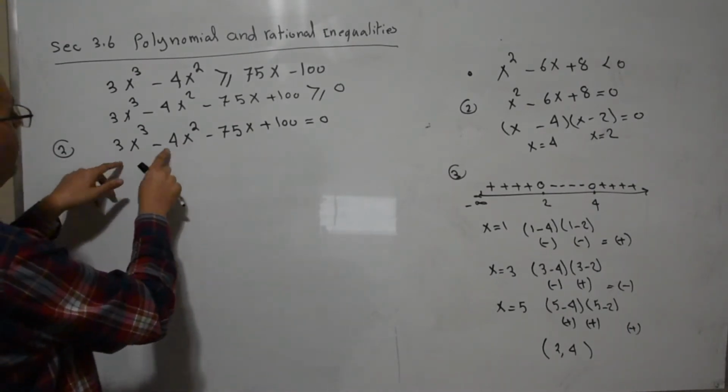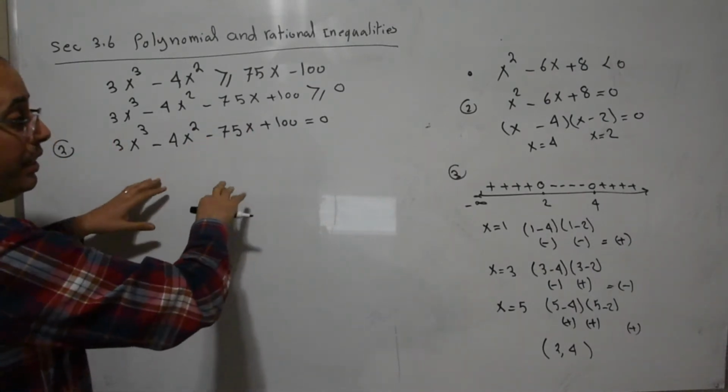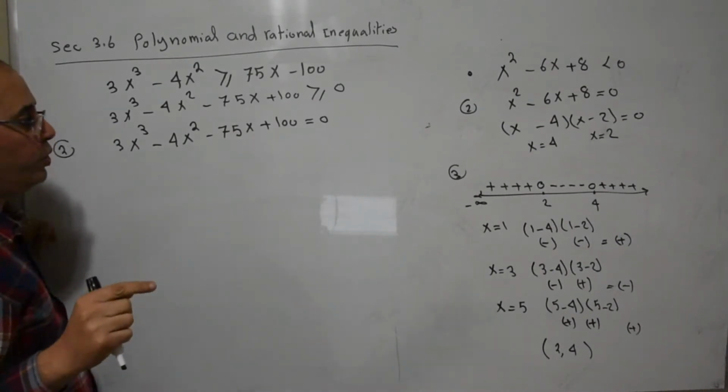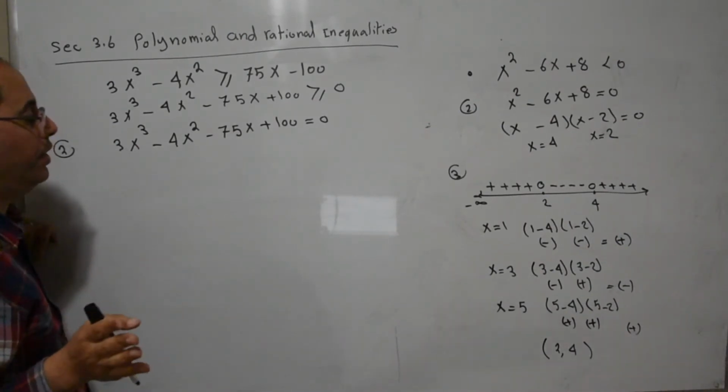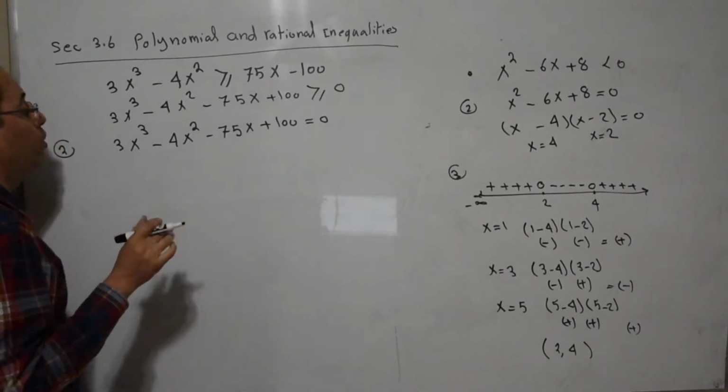So if you group this, I have a common factor here, and a common factor here, that makes it work. If it doesn't work, we can use any other technique, but for this one, grouping is working.